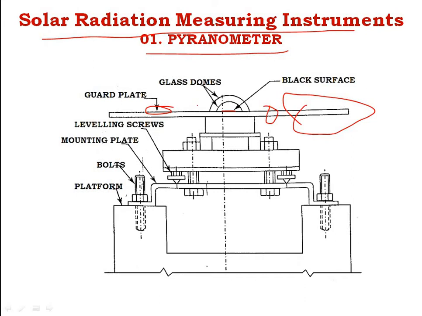Two concentric hemispheres, 30 mm and 50 mm in diameter respectively, made of optical glass having excellent transmission characteristics, are used to protect the disc surface from the weather. An accuracy of about plus or minus 2% can be obtained with this instrument.